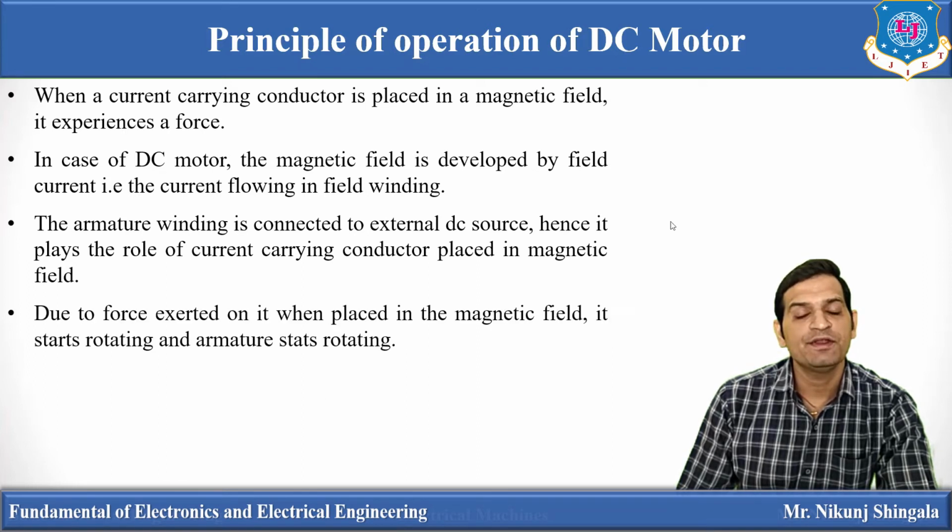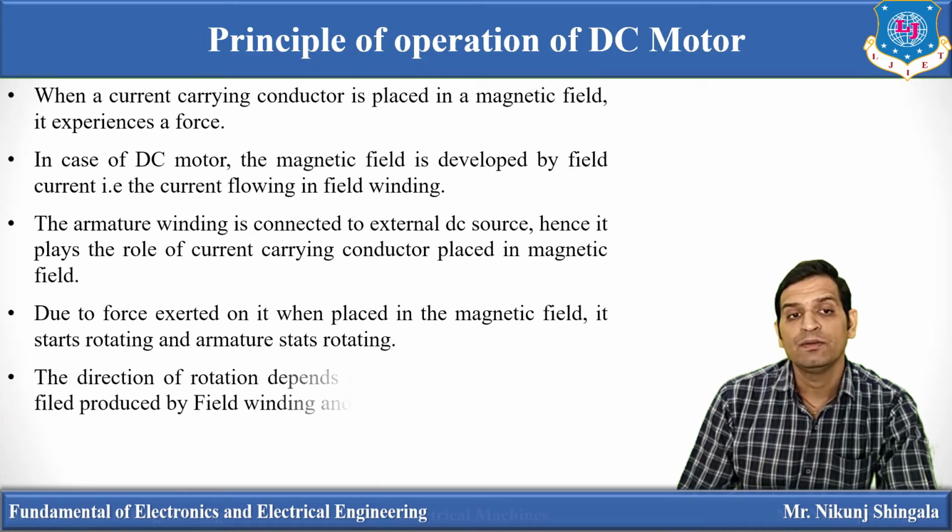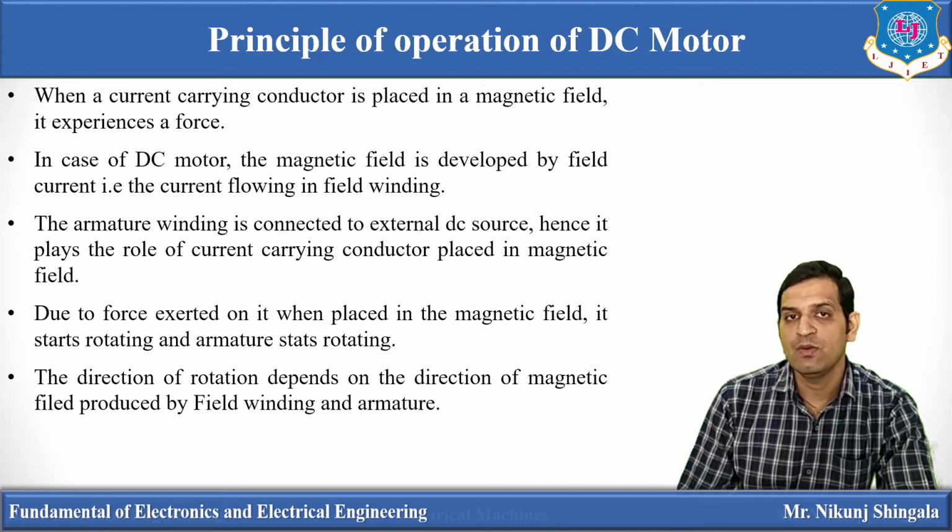As a current carrying conductor is placed in the magnetic field, it experiences a force. So due to the force exerted on it, the armature starts rotating. This is the principle behind the operation of a DC motor. The direction of rotation depends on the direction of the magnetic field produced by the armature winding and field winding.